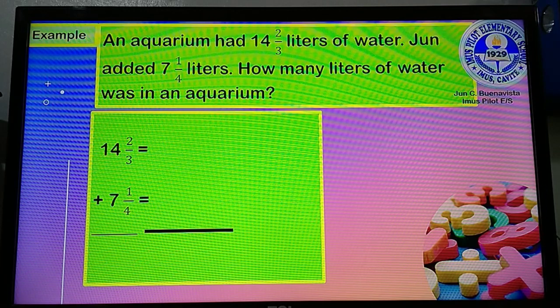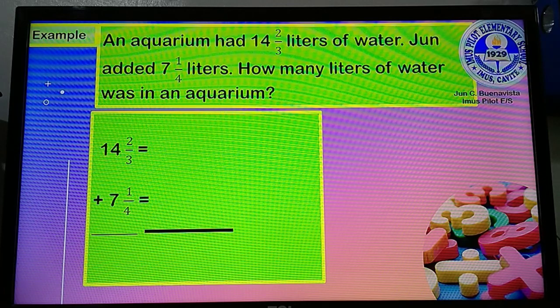Now, since our fractions are not the same, again, we are going to change them into similar fractions by finding the LCD. So what is the LCD of 3 and 4? Since 3 and 4 have no GCF except 1, we can multiply 3 times 4 in order to have our LCD. 3 times 4 equals 12.